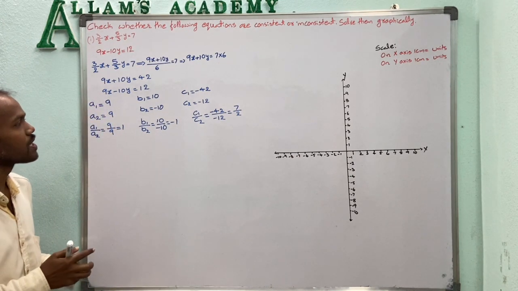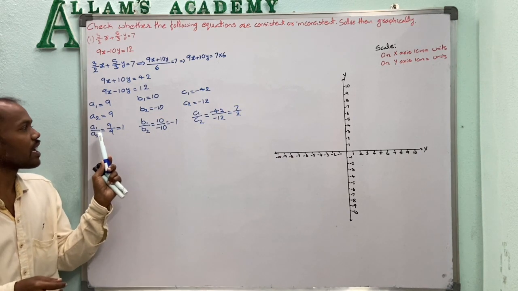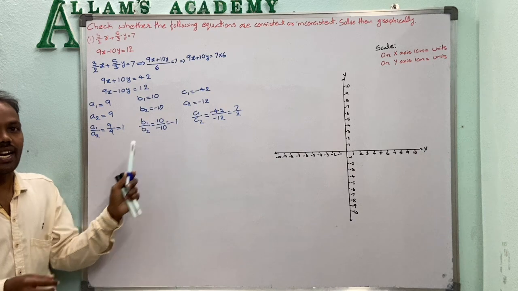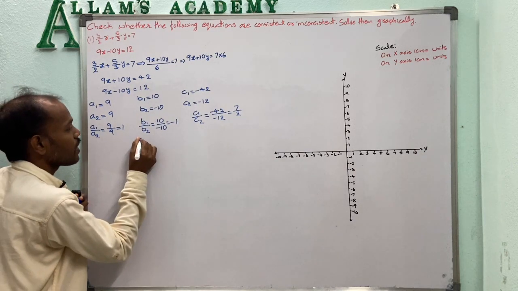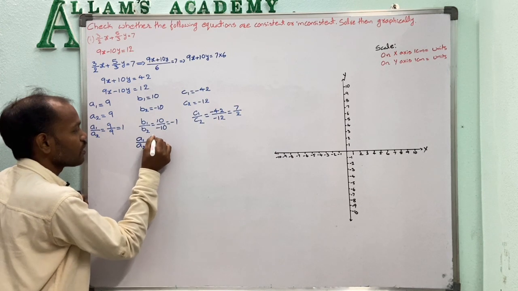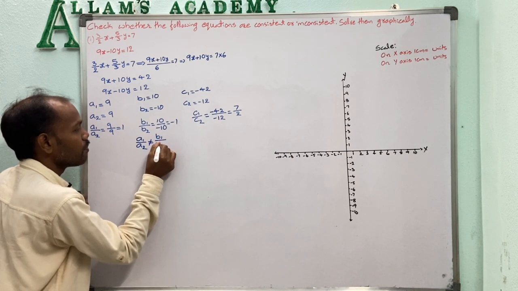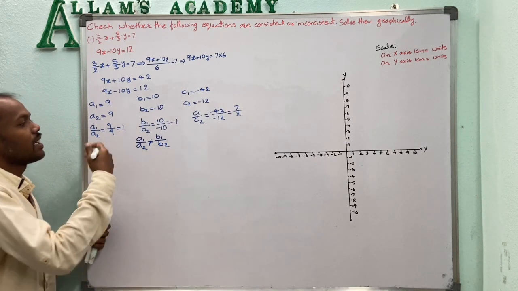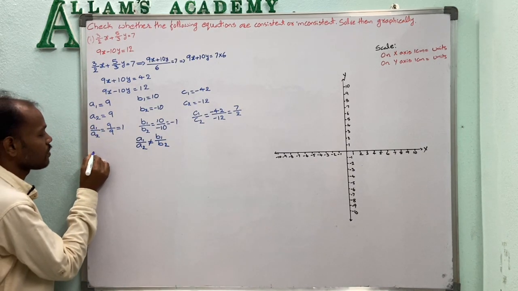Now if we observe the coefficient ratios a1 by a2 and b1 by b2, both are not equal. So a1 by a2 is not equal to b1 by b2. So the system of equations is consistent.